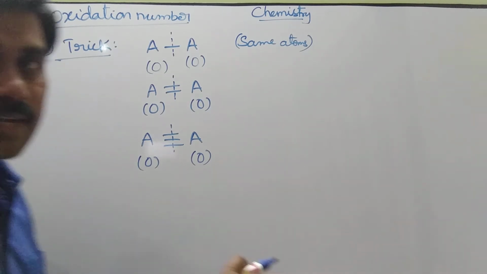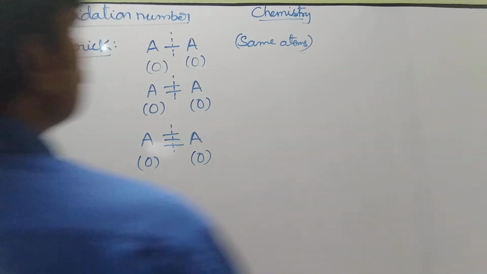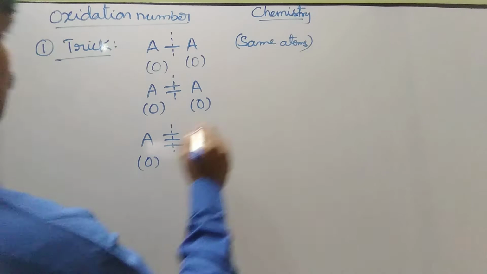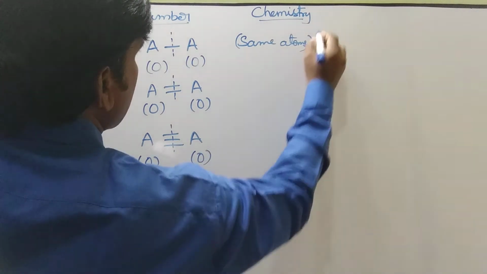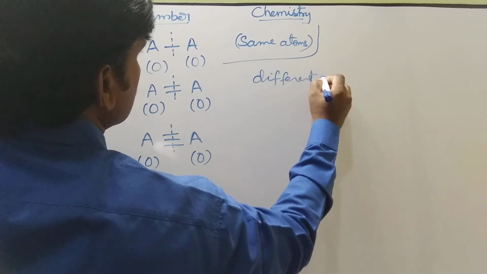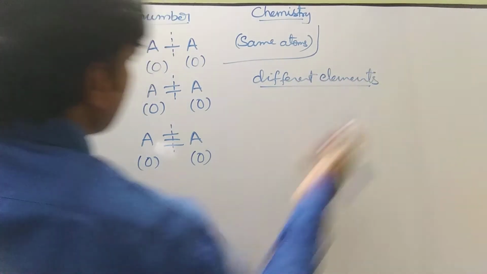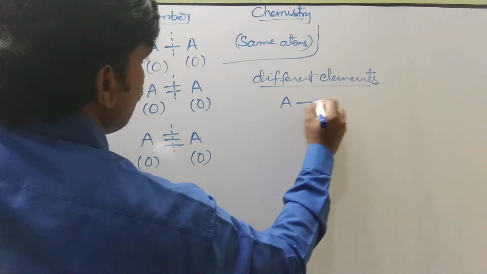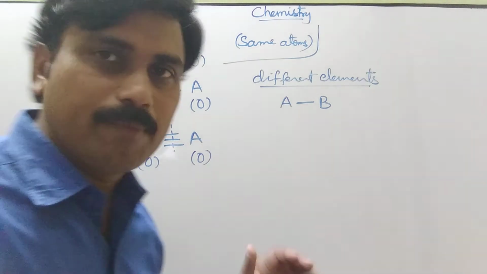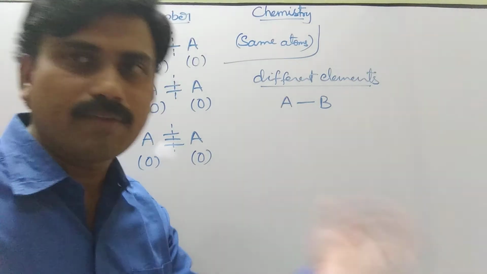Suppose different types of elements are there, like A bond B. Different types of elements possess different electronegativity values.